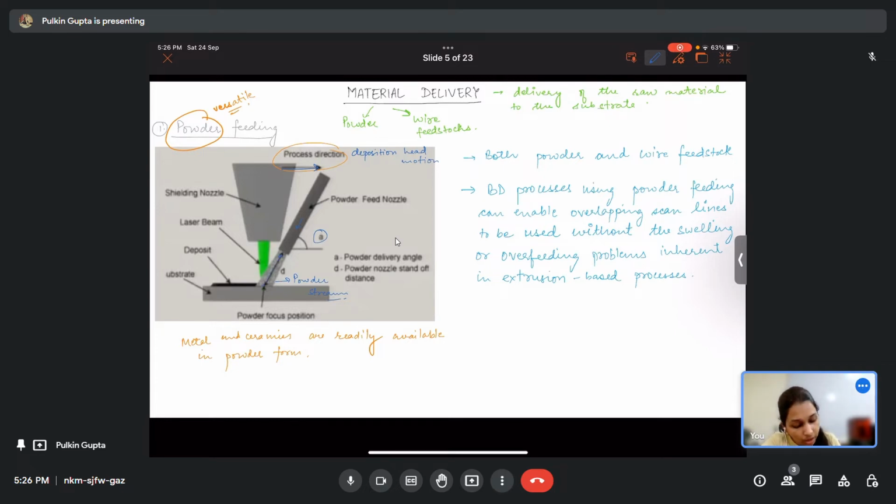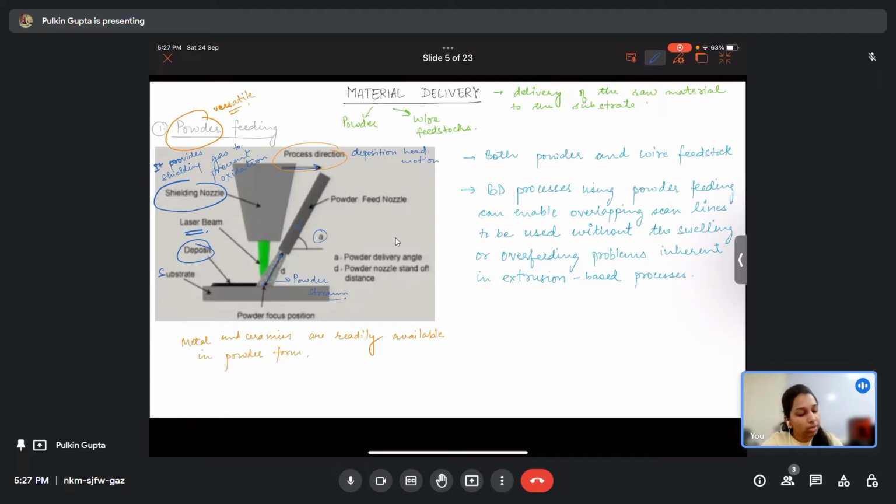Okay, now this is a shielding nozzle. It provides shielding gas to prevent oxidation. Alright, and this is your laser beam, and this is your deposit, and this is your substrate.